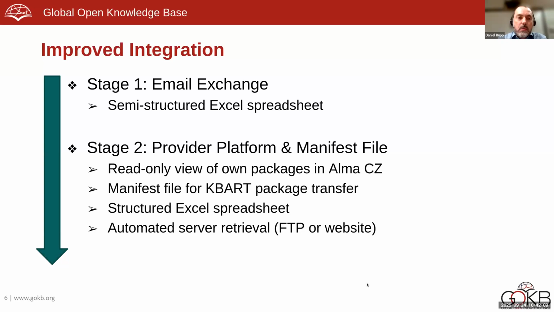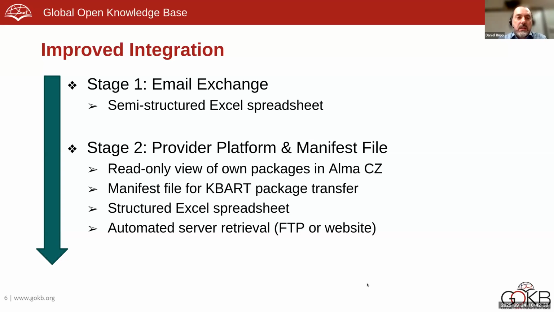Now in stage 2, this is far more structured. There's a provider platform for each provider where they can see their own data, and for this purpose, GOKB is seen as a provider of data, although it has data of multiple providers. And there's the structure of the manifest file.